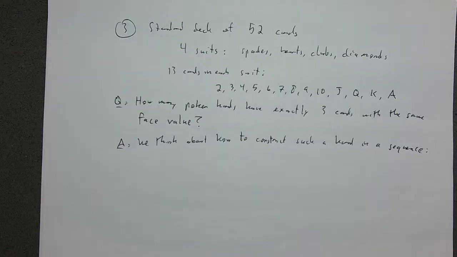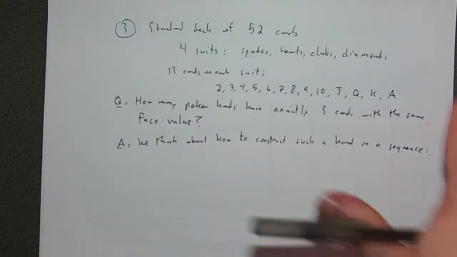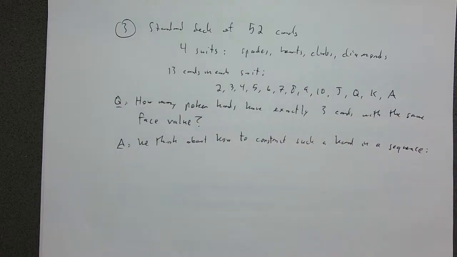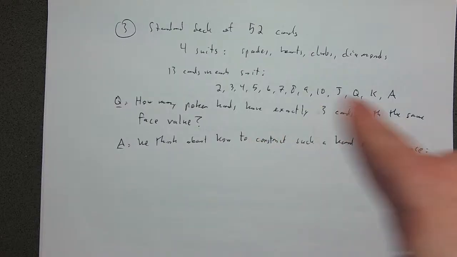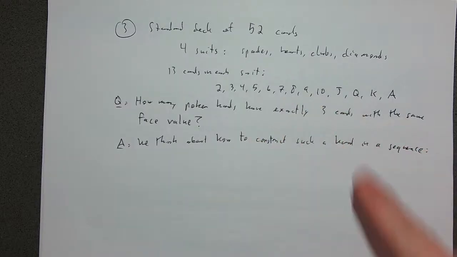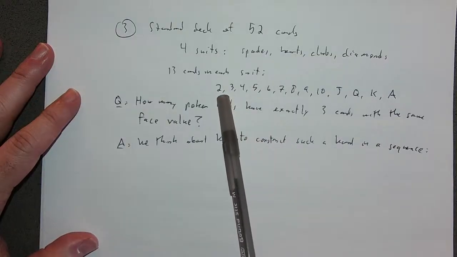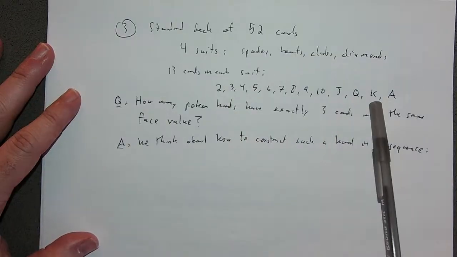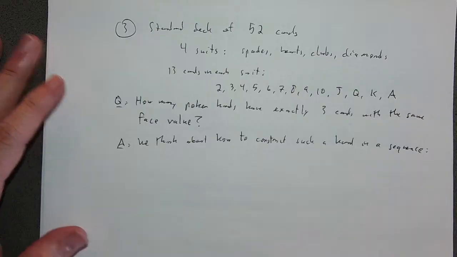So what do I do? I didn't specify which face value. So any of these are fine so long as the chosen one has 3 cards having the same face value. So maybe it's 3 twos, maybe it's 3 tens, maybe it's 3 kings, 3 aces.